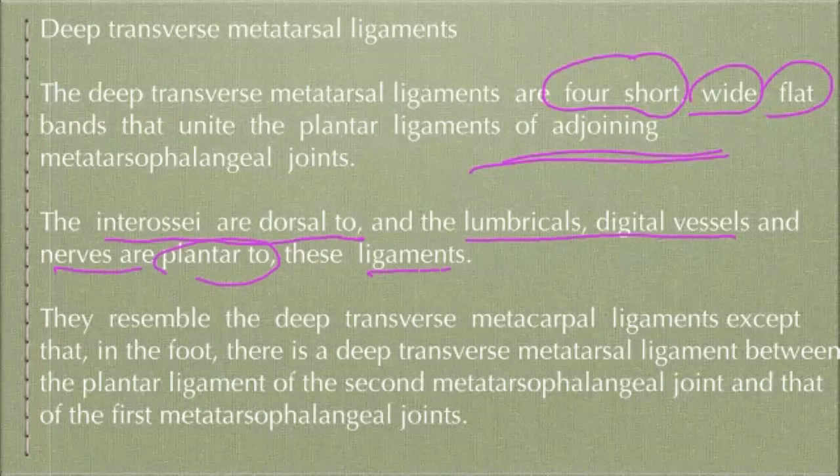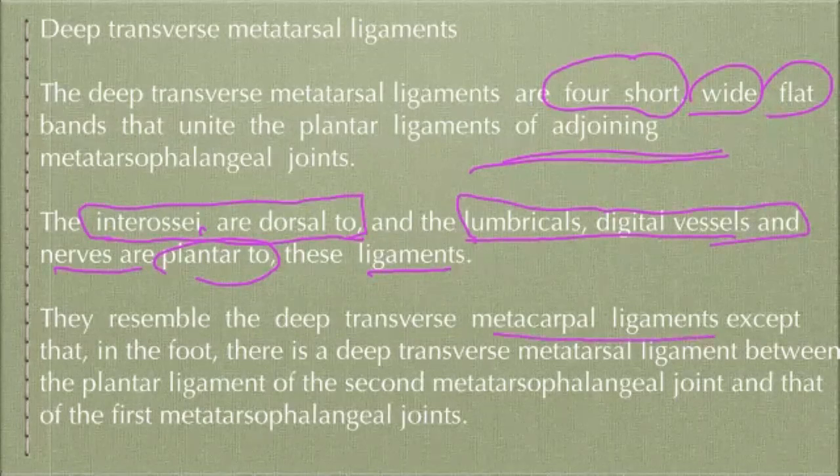That means this ligament lies between the interossei and lumbricals. They resemble the deep transverse metacarpal ligaments, except that in the foot there is no deep transverse metatarsal ligament between the plantar ligament of the second metatarsophalangeal joint and that of the first. After the completion of the hand anatomy, you'll appreciate that point.